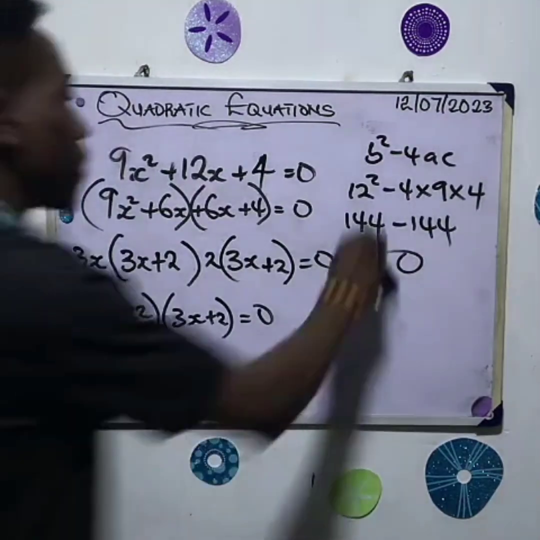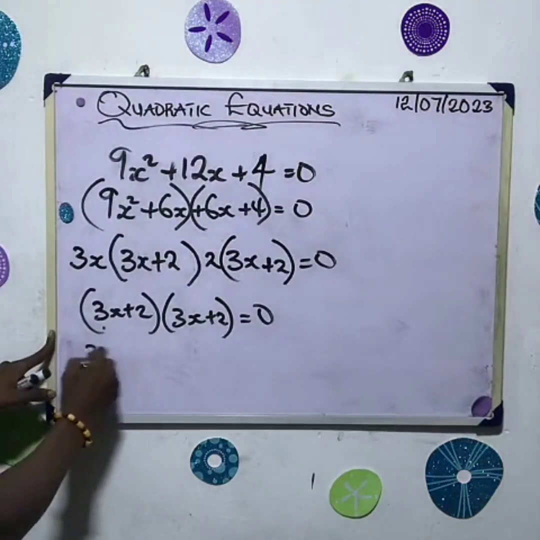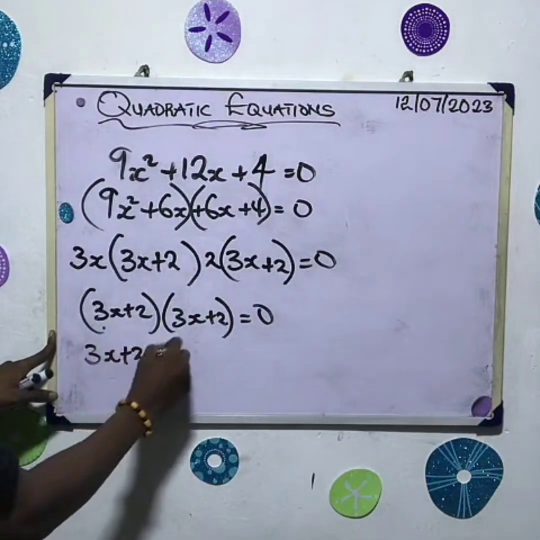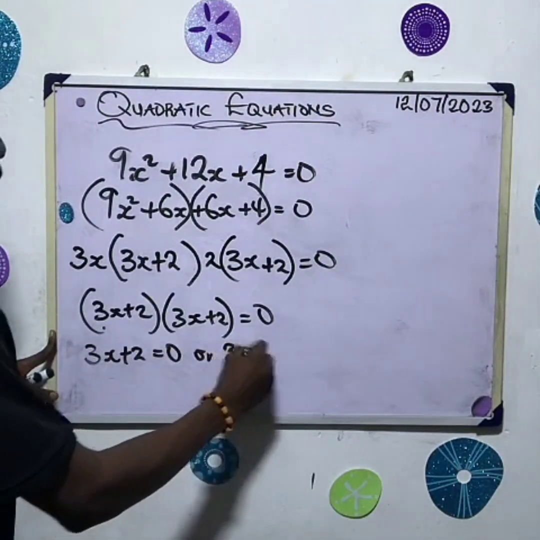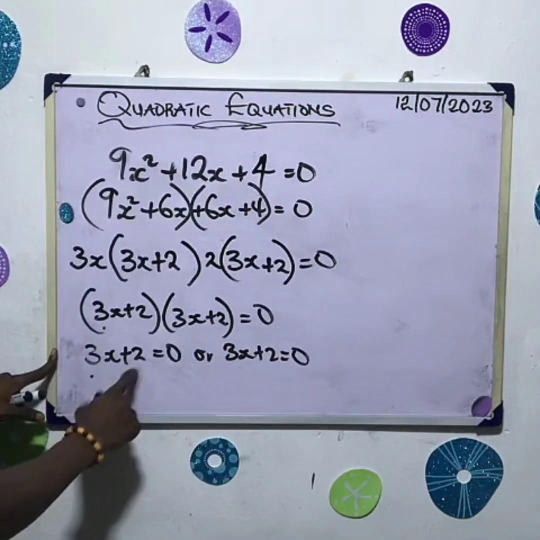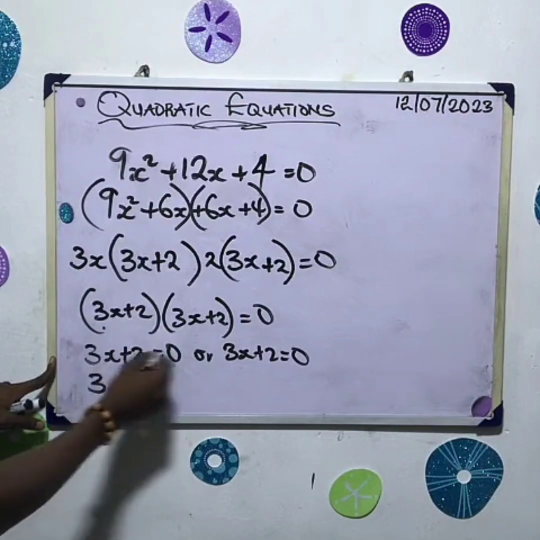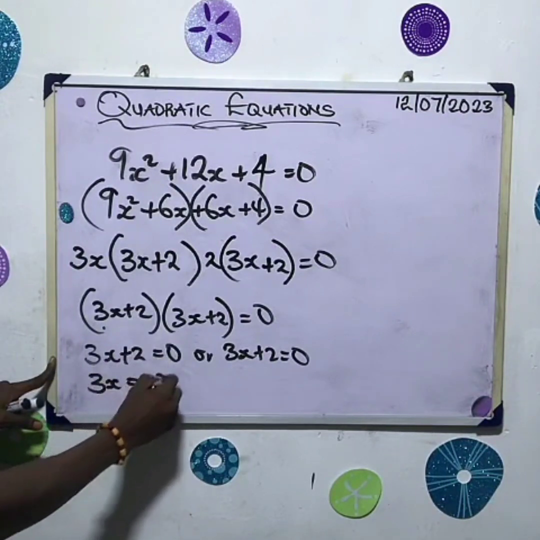So let's solve. 3x plus 2 equals 0, or 3x plus 2 equals 0. Solving this, moving plus 2 over means subtracting 2 from both sides. You're going to have 3x equals minus 2.